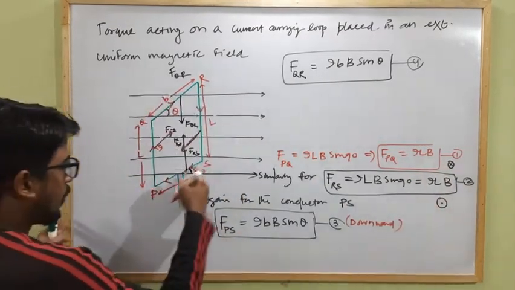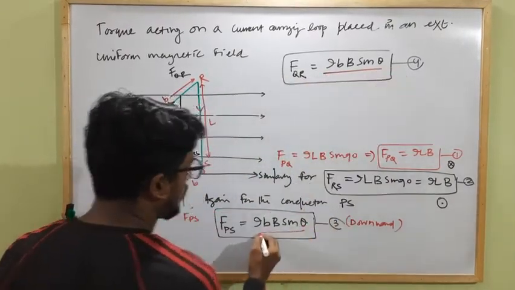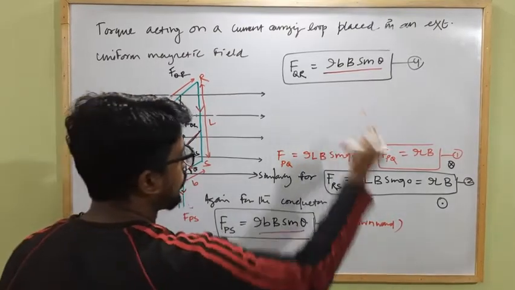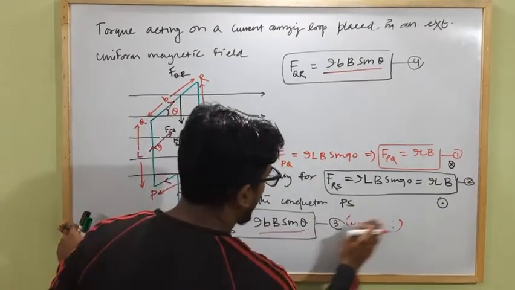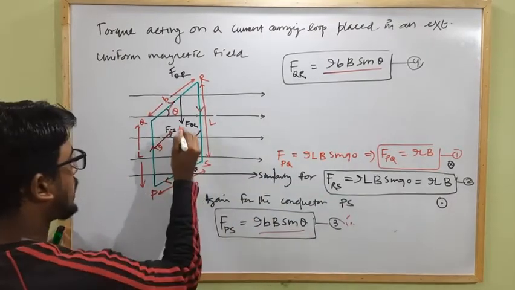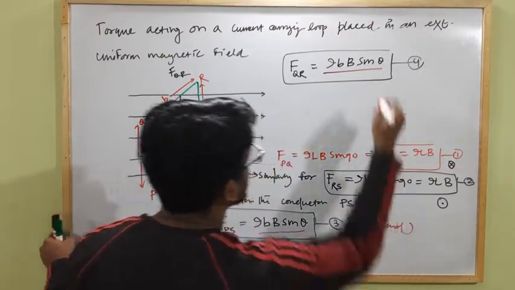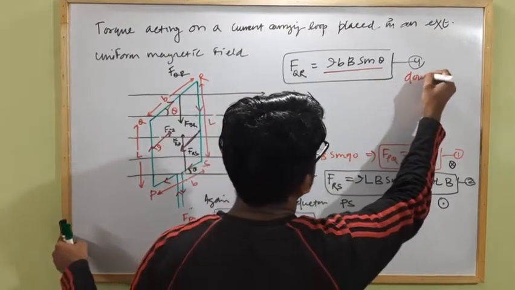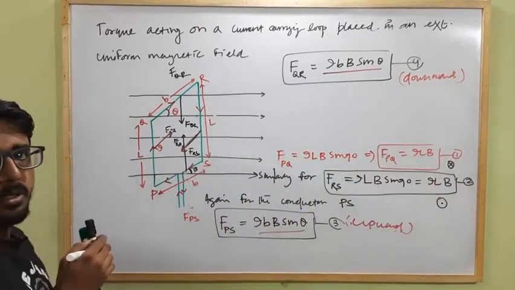Similarly, the forces acting on PS and QR are also equal in magnitude and act in opposite directions. This force on PS, as I showed you already, is acting upward, and this force is acting downward. Clear? Okay.